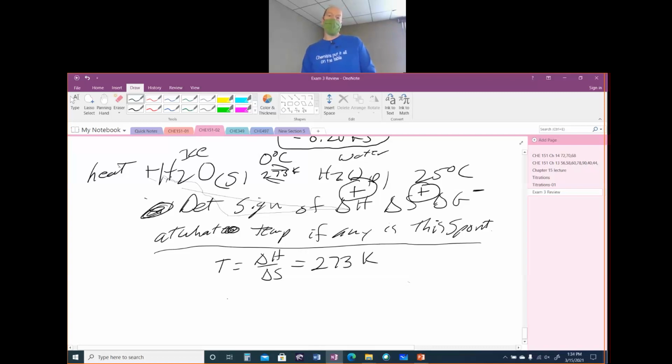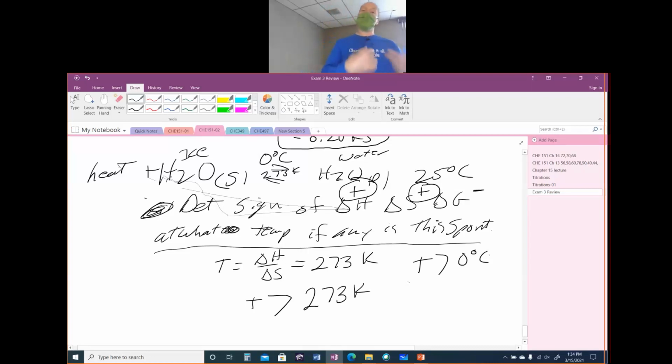All right, and so now we know that our process is going to be spontaneous when the temperature is greater than, both of them being plus, greater than 273 Kelvin. Or, of course, you could say the temperature greater than 0 degrees Celsius. So ice is going to spontaneously turn into liquid water when the temperature is greater than 0.